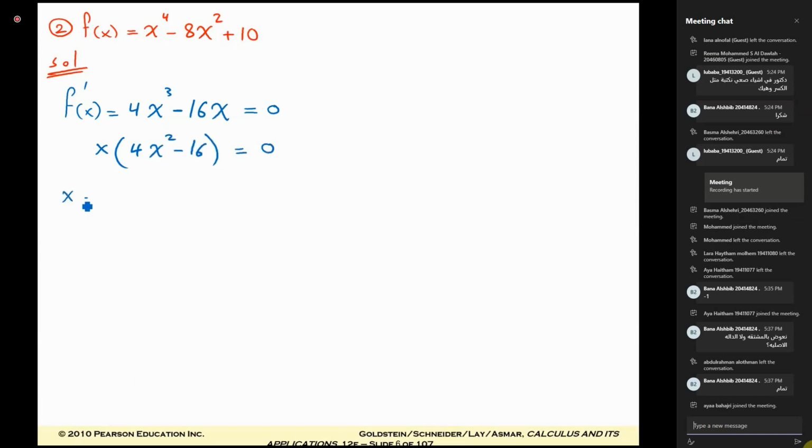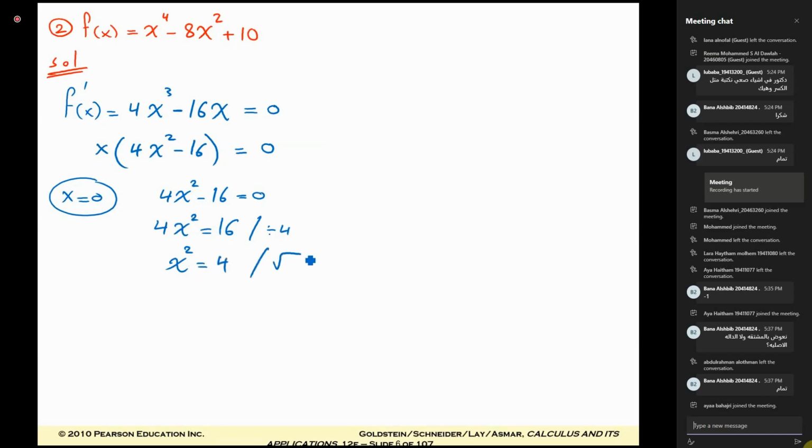We have x equals 0, the first critical or stationary value, and 4x squared minus 16 equals 0. So 4x squared equals 16, divide by 4, x squared equals 4. Taking the radical, x equals positive or negative 2.